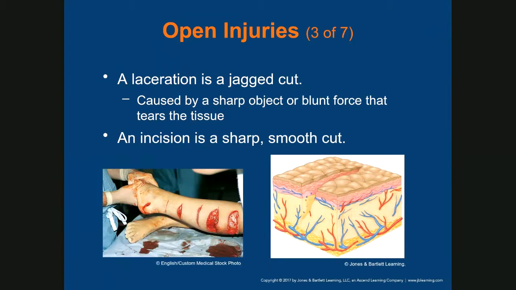A laceration is a jagged cut caused by a sharp object or blunt force that tears the tissue. An incision is a sharp, smooth cut, which is also a form of a laceration. And if you look at this picture, you can see that this leg has multiple lacerations, right, at various depths.